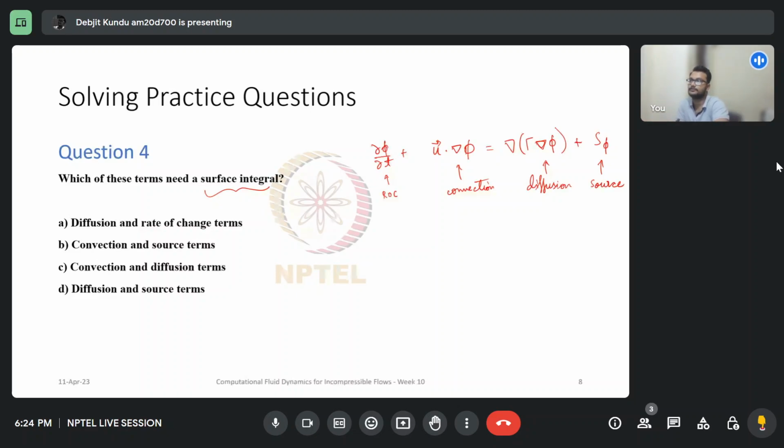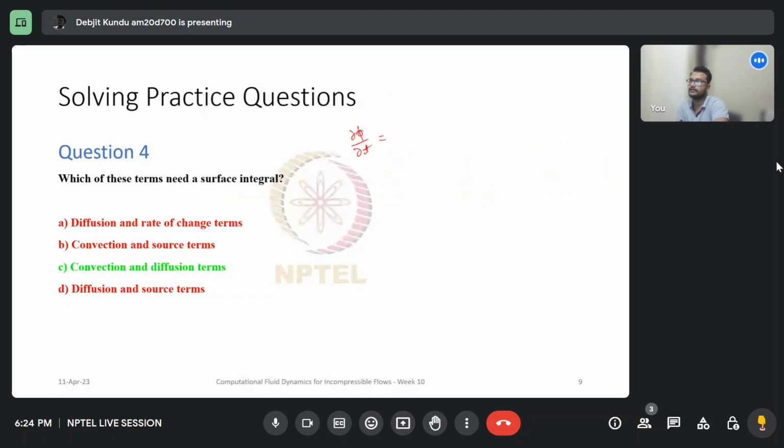Let's keep the rate of change term, and here we have the convection term. Let's write it a bit differently. We will take the conservative form, so I'll put u inside, and I'll take the diffusion term to the left hand side.